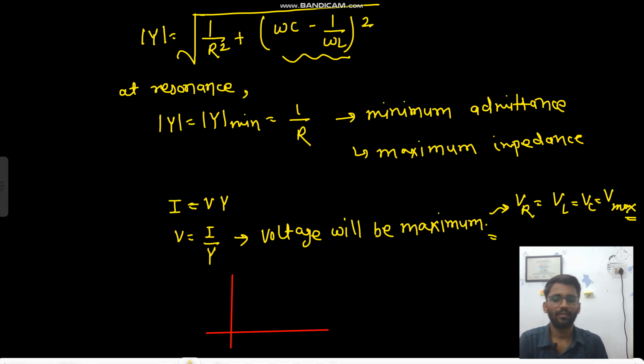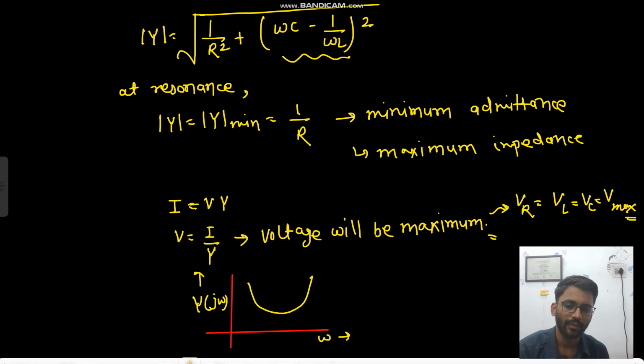Okay, so drawing the curve of admittance, at resonance frequency it will be minimum. So it will go like this. At omega equals to omega naught, it is equal to 1 by R.